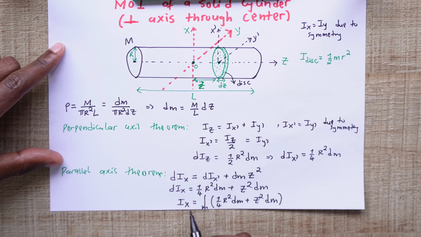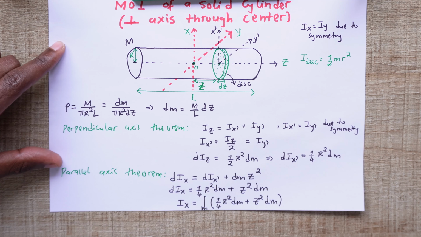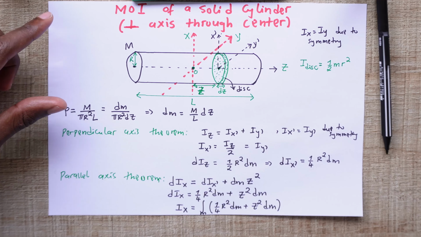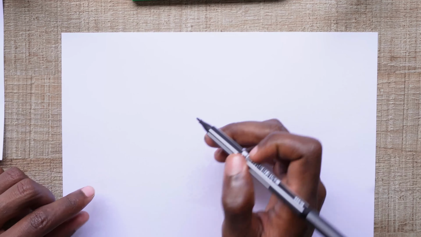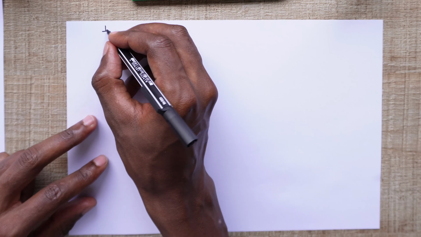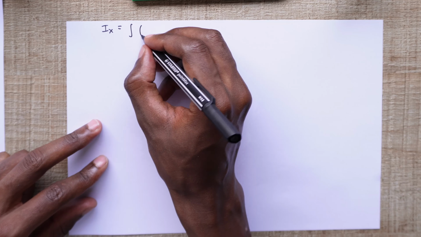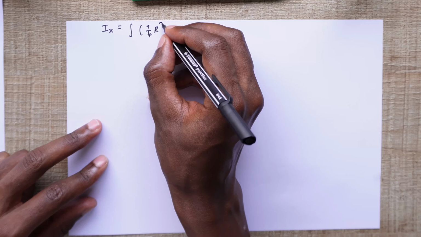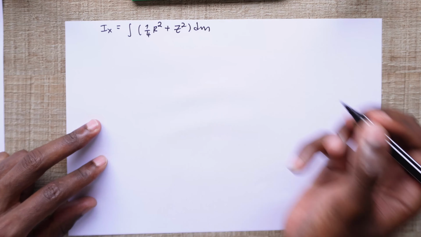So we just need to calculate this expression to get Ix. Let me take another sheet of paper. So then we have Ix, which is equal to the integral of 1/4 r squared plus z squared dm.